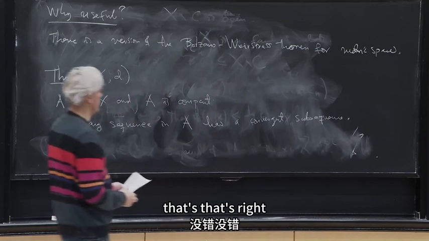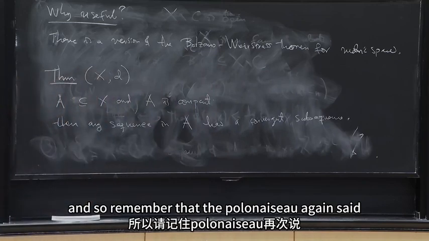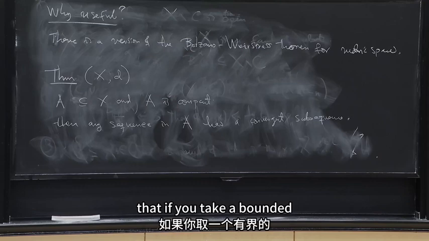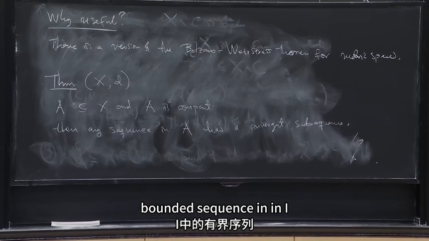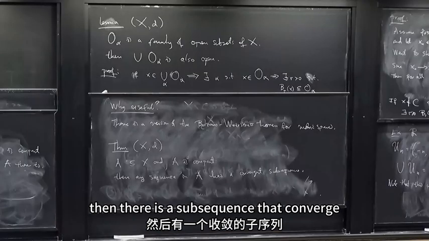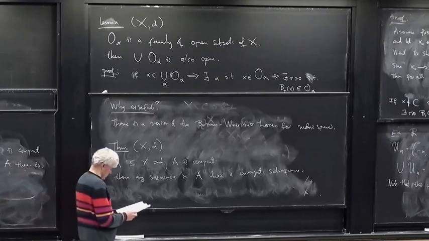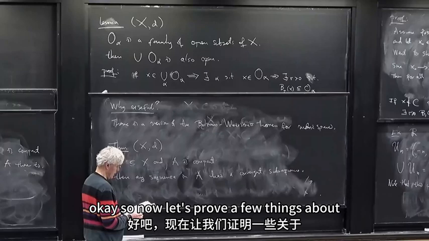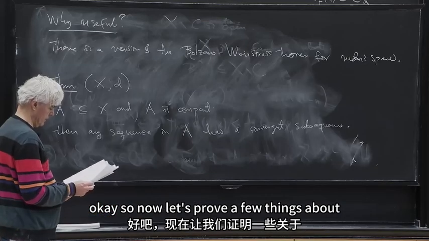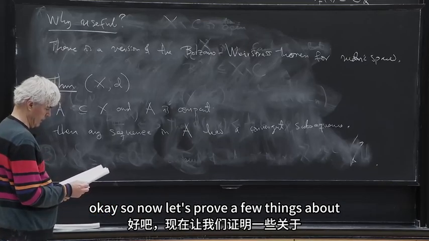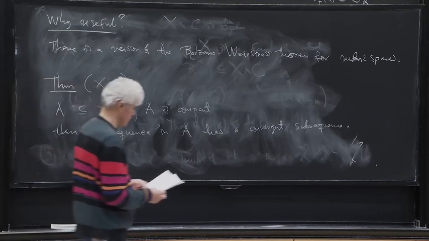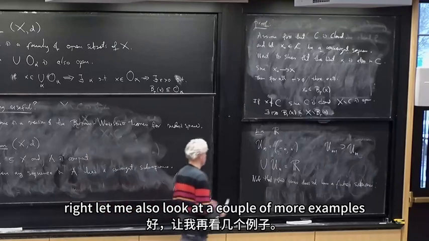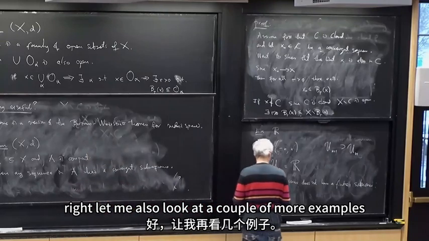Remember that the Bolzano-Weierstrass theorem said that if you take a bounded sequence in R, then there is a subsequence that converges. Okay, so now let me also look at a couple more examples.